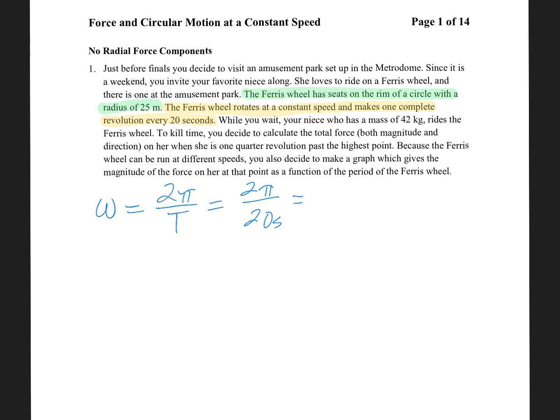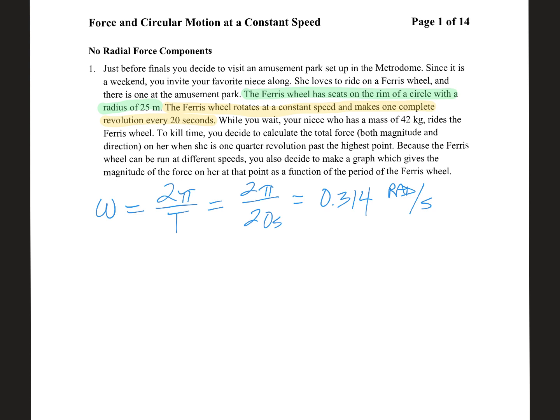And so if you do the math here, we get 0.314, which is basically 2 pi over 20 is pi over 10, or a tenth of pi. 3.14 gets brought down. So the angular speed of this Ferris wheel is 0.3 radians per second.